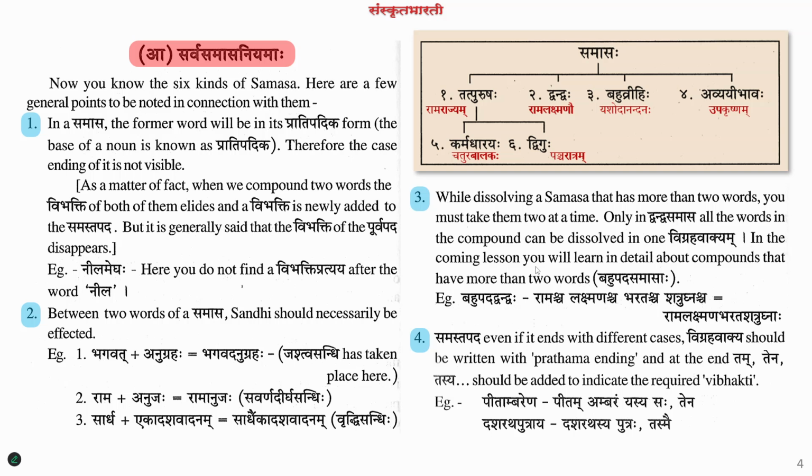In the sense of Ramascha, Lakshmanascha, Bharatascha, Shatrugnascha, Rama, Lakshmana, Bharata, Shatrugnaha, a plurality of four of them. That's what they have pointed out here. In the coming lesson, you will learn in detail about compounds that have more than two words, Bahupada Samasaha.